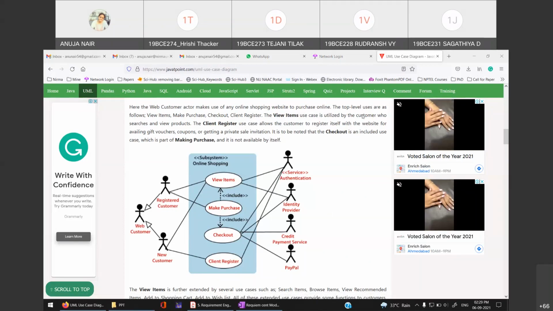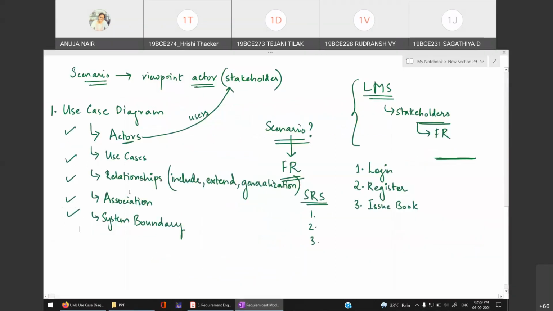No. It is what? It is association, right? I just told you. Association is a straight line. So if I want to connect a use case with an actor, then I will use association, which is a straight line. Don't make an arrow. This is wrong.